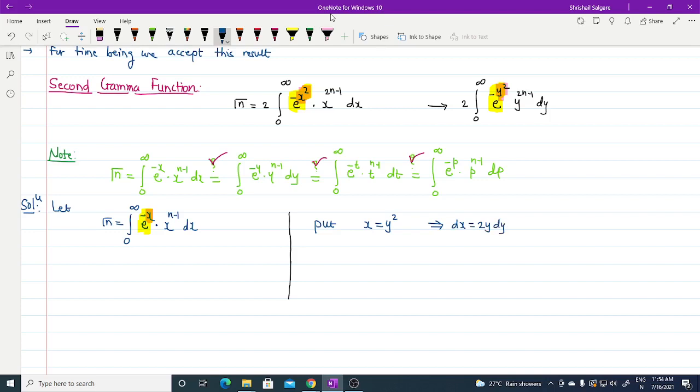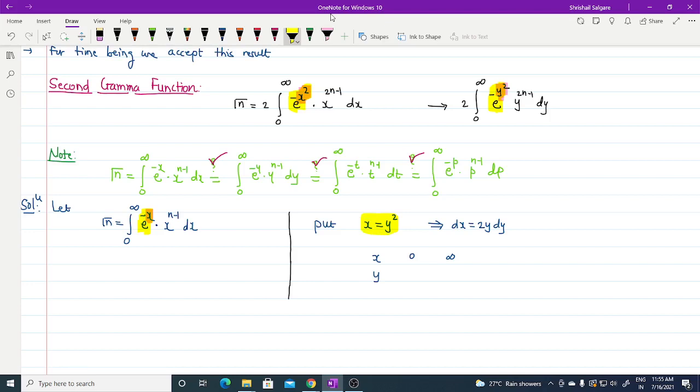Now at the same time, limits of the integration are also changing. So limits for x, limits for y. The given limits for x are from 0 to infinity. Now this is your substitution.